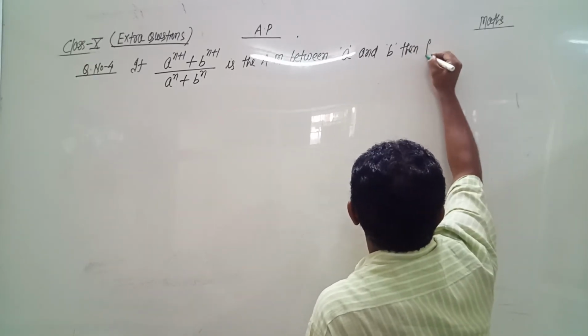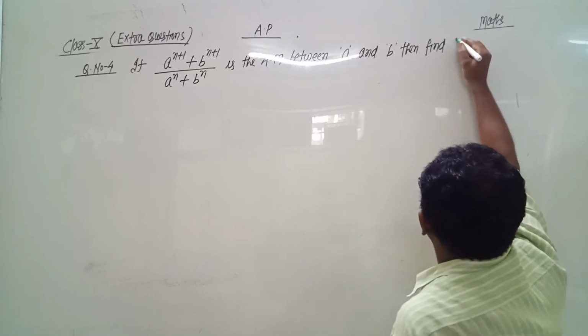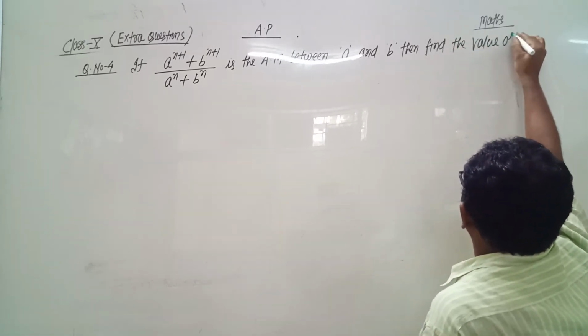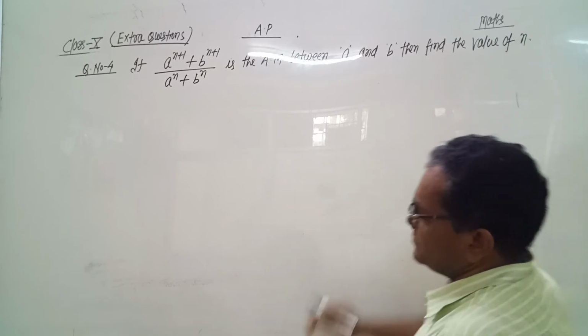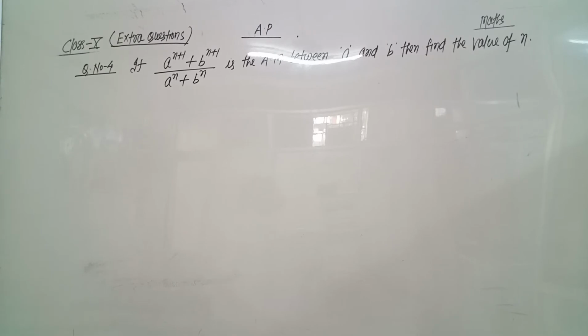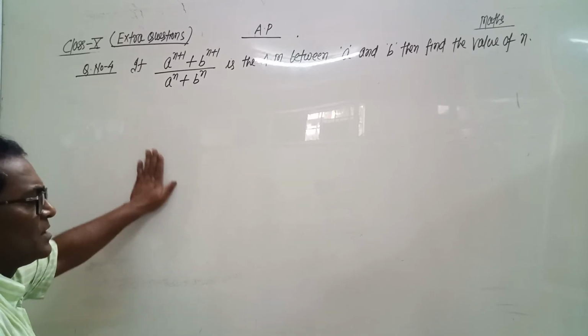We have to calculate the value of n, and we are given that the given expression is the AM between a and b.